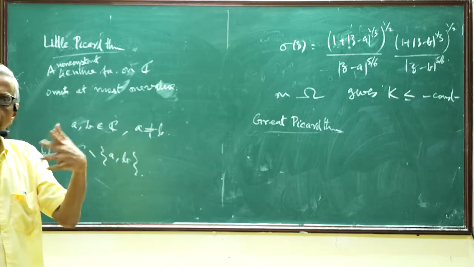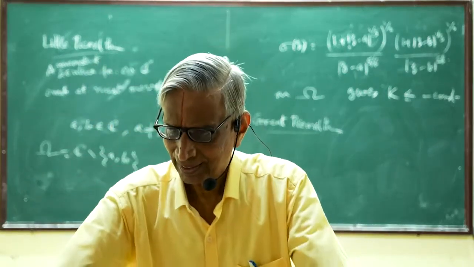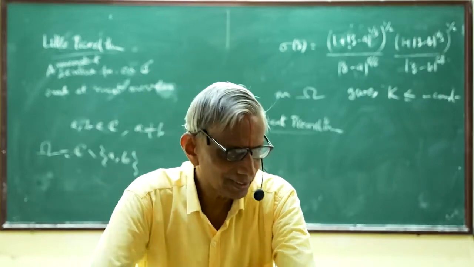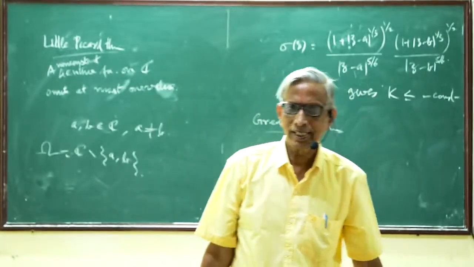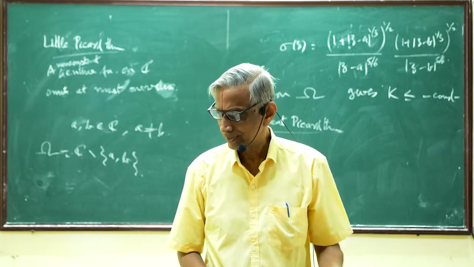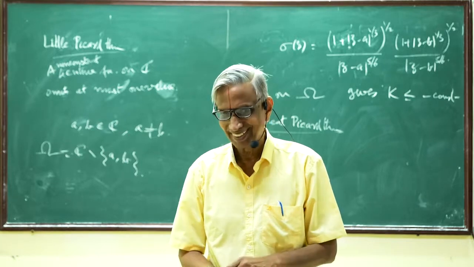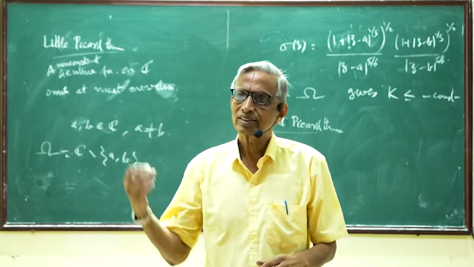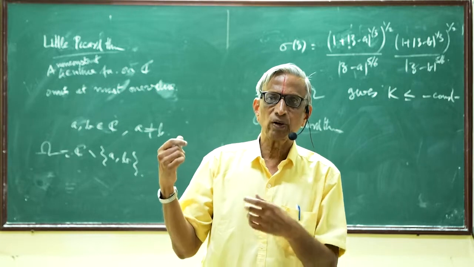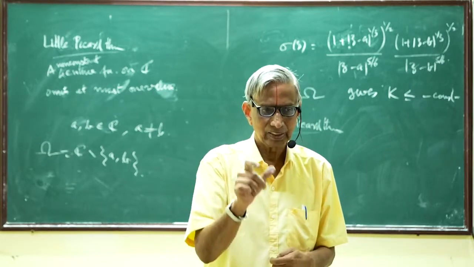So, you have heard of the Casorati-Weierstrass theorem, right? So, what does it say? You haven't seen the Casorati-Weierstrass theorem? It concerns the behavior of a function in a neighborhood of an essential singularity.